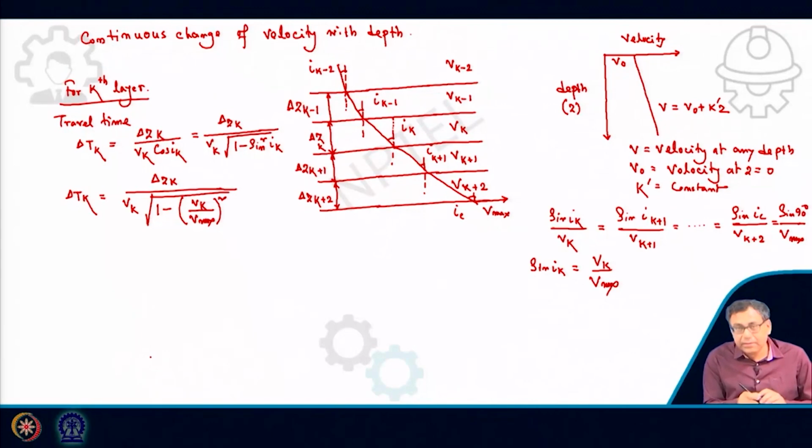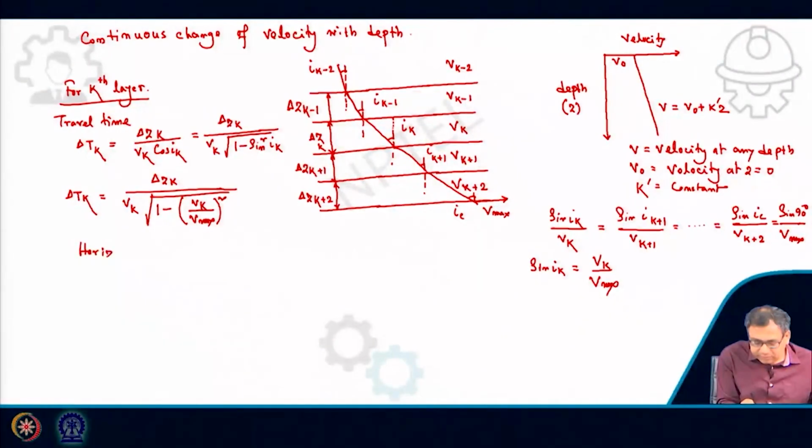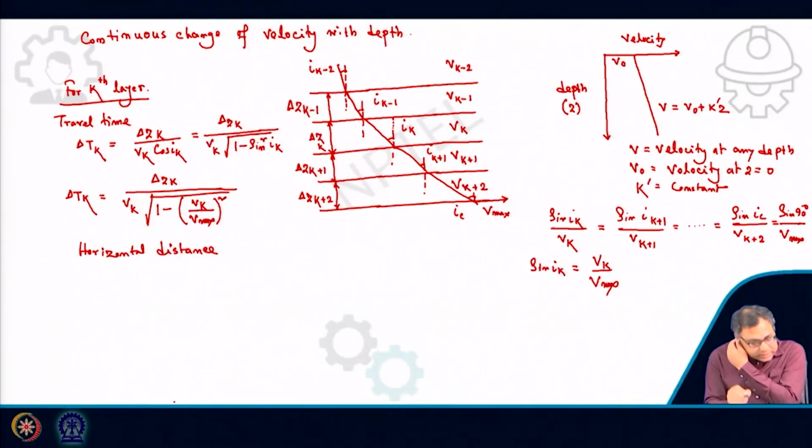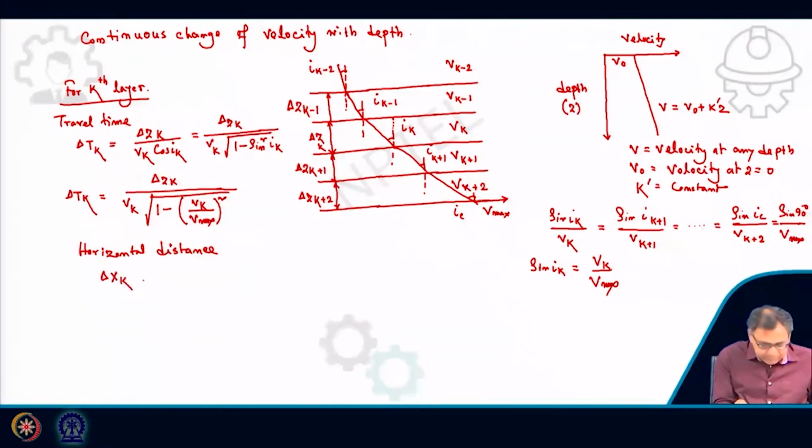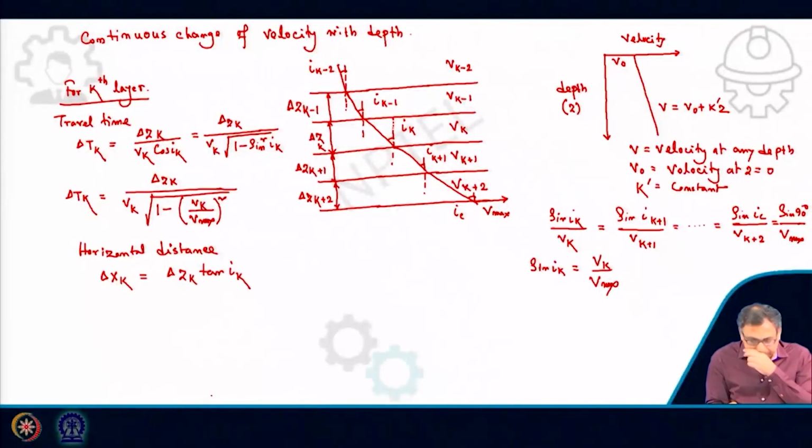That is the travel time within that kth layer. Now the horizontal distance this ray travels within that layer will be del xk, and that will be del zk into tan Ik. So this is my del xk, this is del zk.